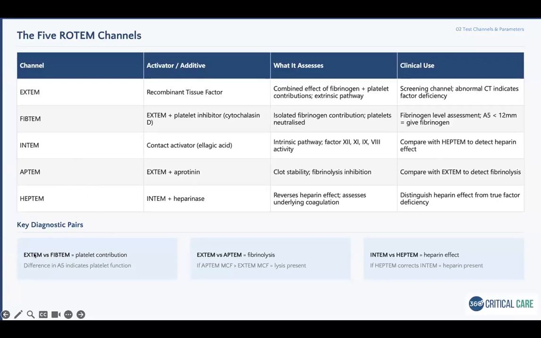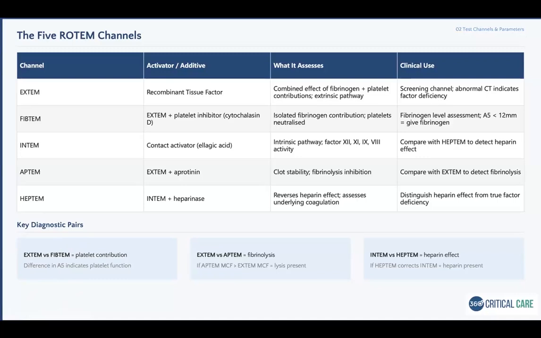So EXTEM and FIBTEM. FIBTEM looks at fibrinogen, EXTEM looks at fibrinogen plus platelets. The difference between the A5 of EXTEM and FIBTEM, if it is substantial, like 20-25, means you have enough platelet function, both are working. But suppose the FIBTEM A5 is 12 and the EXTEM A5 is 20, the difference is 8.